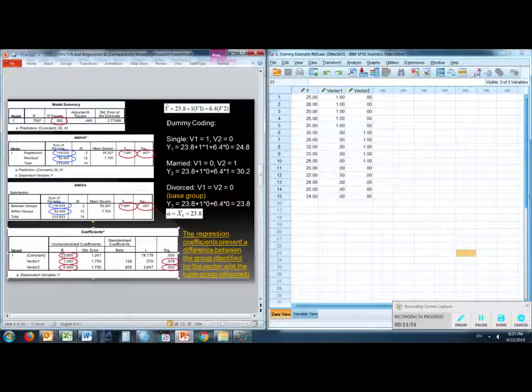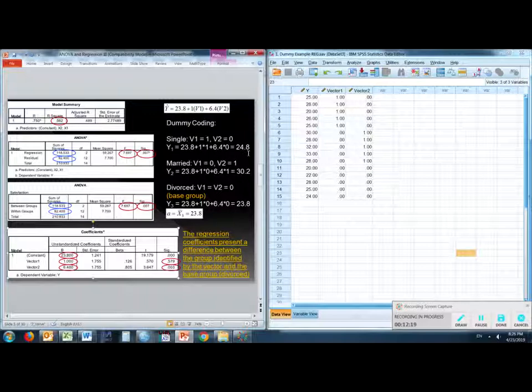This is the dummy coding. So for dummy coding, for the single group, vector 1 is 1 and vector 2 is 0. Therefore, the life satisfaction score for the single group is predicted as 23.8 plus 1 multiply 1 plus 6.4 multiply 0, which is 24.8.